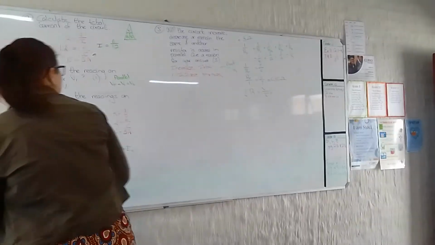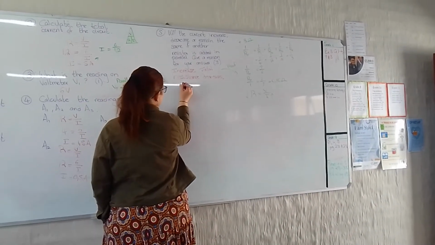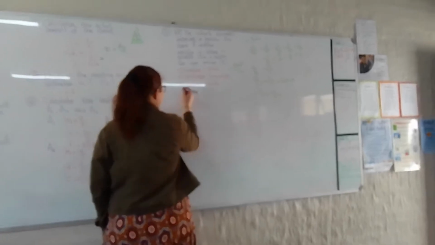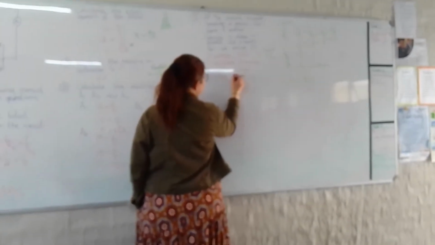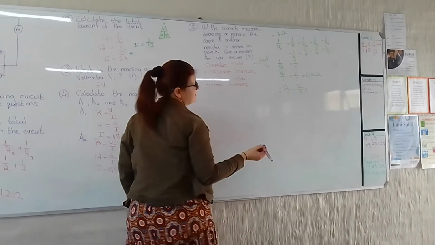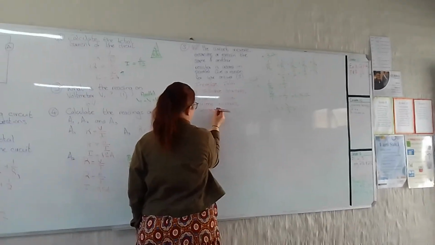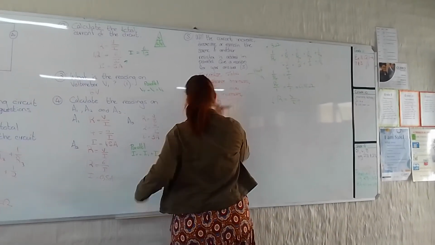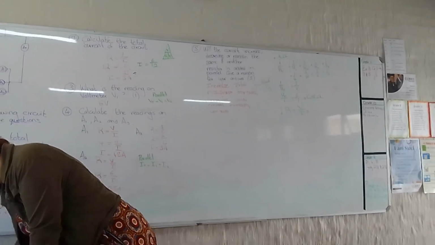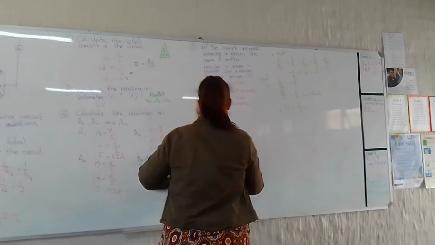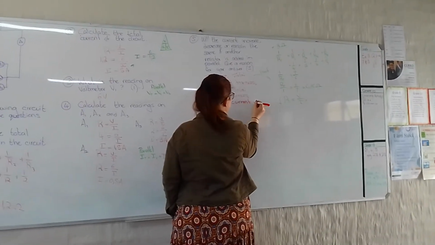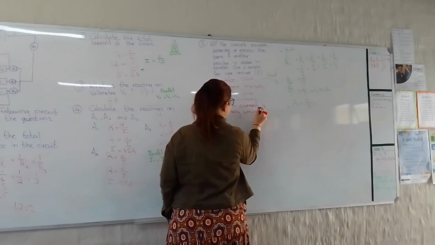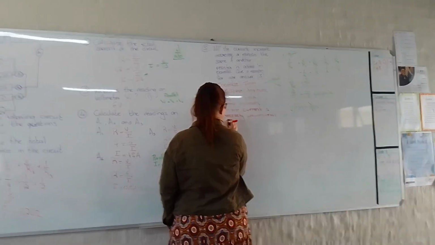So my answer goes: total resistance decreases, therefore total current increases, and my reason is the same as last time, because current is inversely proportional to resistance.